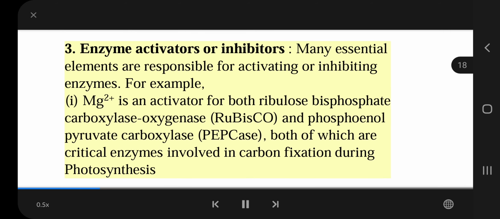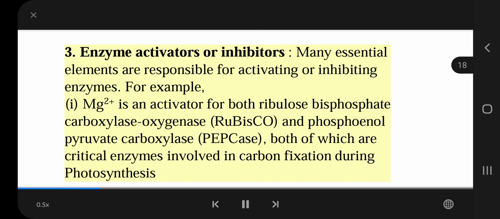3. Enzyme activators or inhibitors. Many essential elements are responsible for activating or inhibiting enzymes. For example, Mg2+ is an activator for both ribulose bisphosphate carboxylase oxygenase, Rubisco, and phosphoenol pyruvate carboxylase, PEPcase, both of which are critical enzymes involved in carbon fixation during photosynthesis.